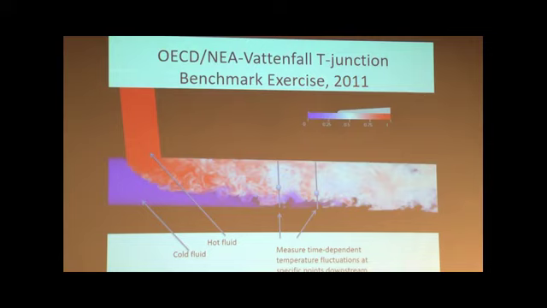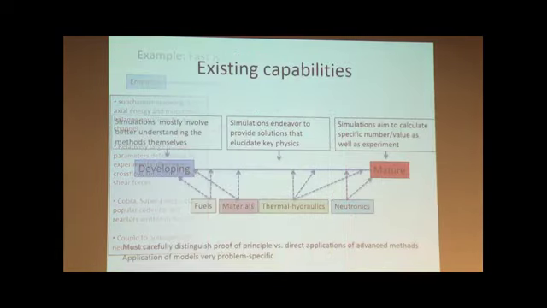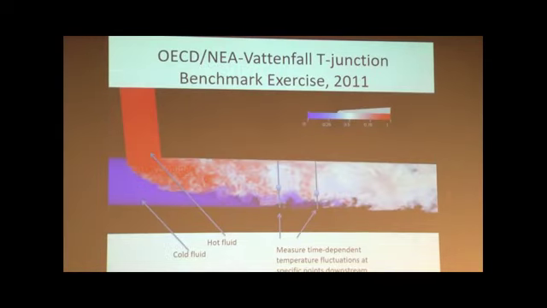So in this case, let's say they would take a vertical slice cross-section of this pipe. They take a cross-section of the pipe, and you take a point, let's say, or some region of the cross-section, and you look at the velocity or the temperature fluctuations on a thermocouple as a function of time, and you try to predict its statistical properties, maybe the variance, maybe the mean, maybe aspects of the spectrum, and you submit your results.